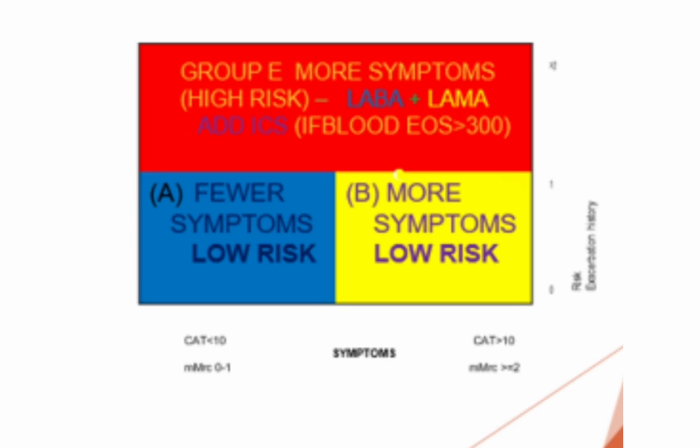Now the difference is that C and D merge into a new group called group E. So there are more symptoms, and also more exacerbations or more hospitalizations. It's a change after 2024. If you were already following the GOLD criteria of classification and treatment, there is not much change except that the C and D groups merge into a new group called group E. Other than that, there is not much big difference.